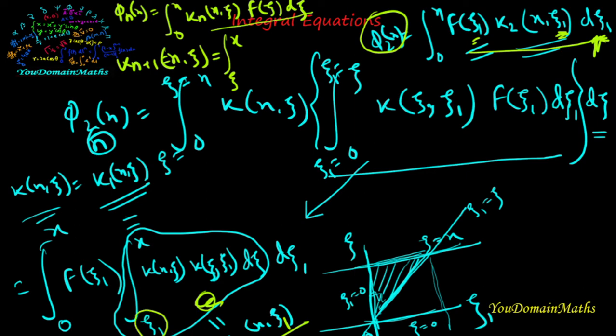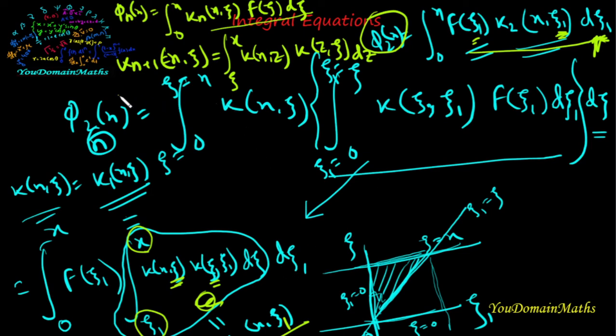Here you see that this is ξ1 and this is x, and the integral runs from ξ to x, with kernel K(x, z). Here z is another variable we use, because we write z in terms of ξ. So the kernel is K(z, ξ) dz.